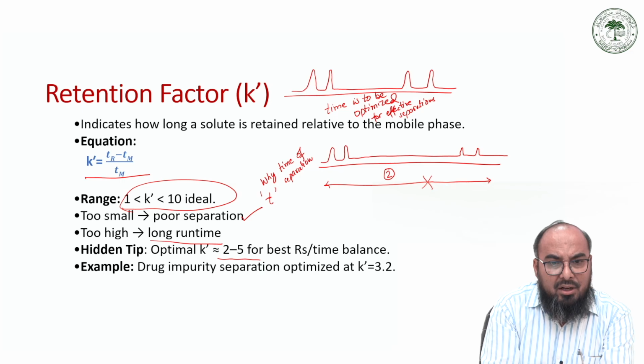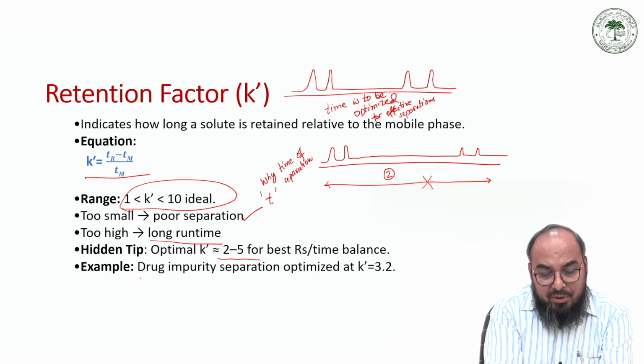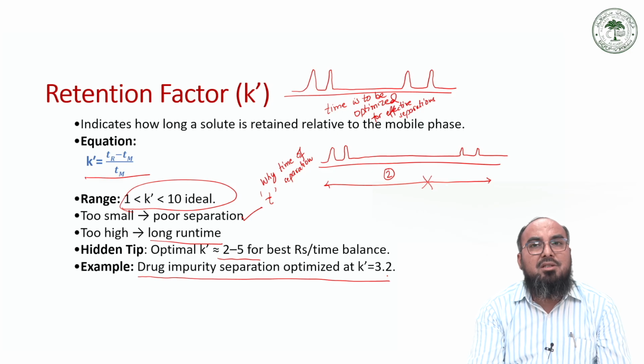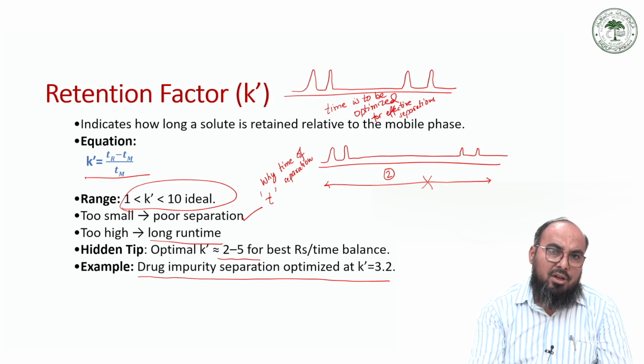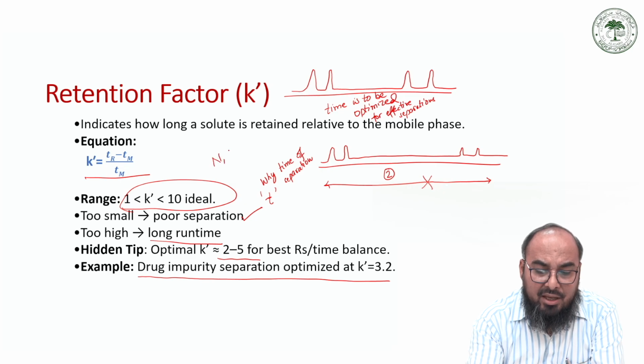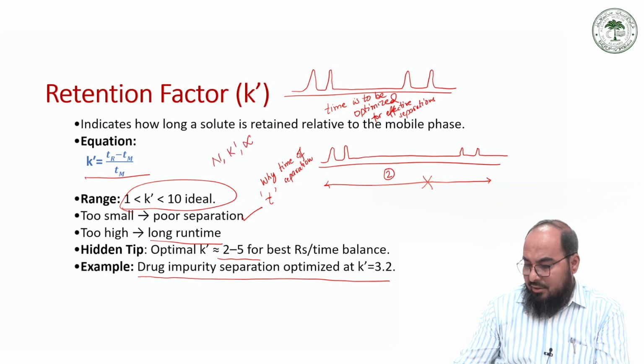Okay, for example, for the separation of certain impurities in a drug, the optimized k dash is 3.2. That is an ideal system. So we are going to study again n, k dash and alpha, that is the selectivity factor.